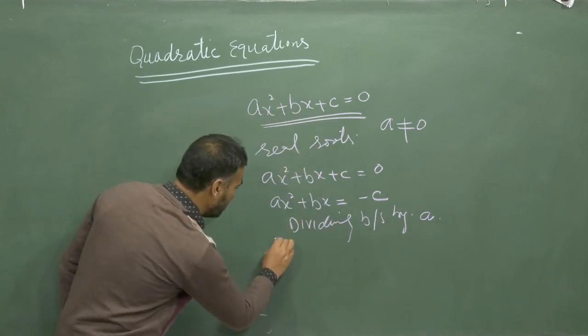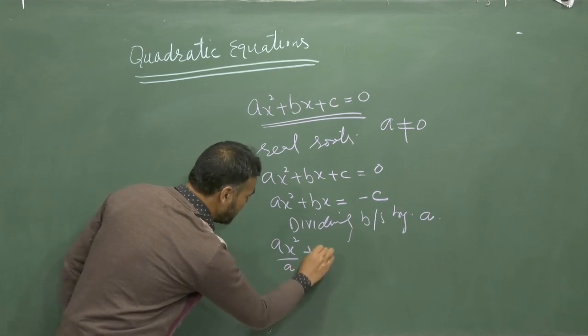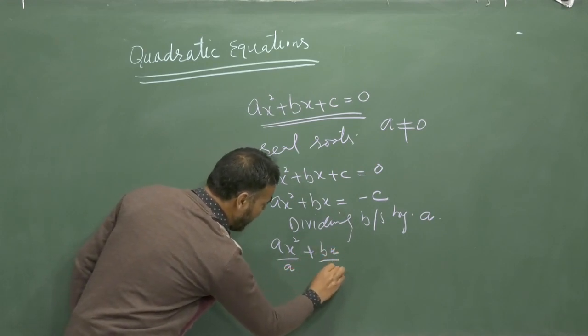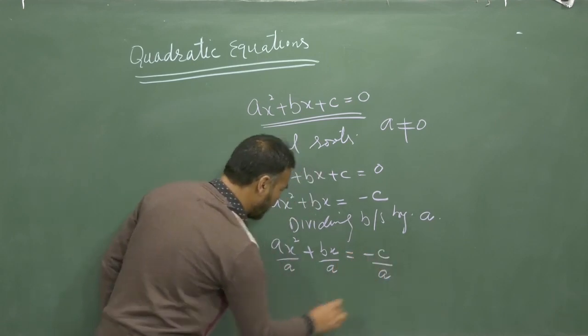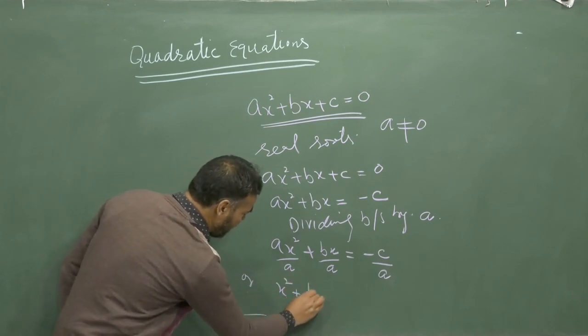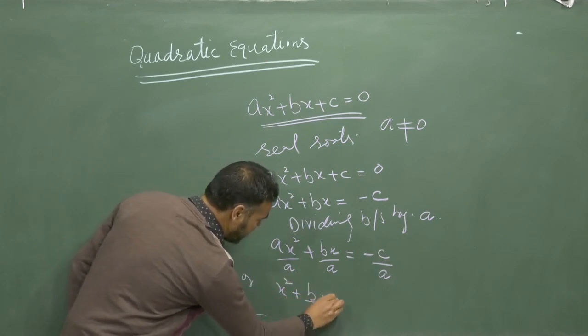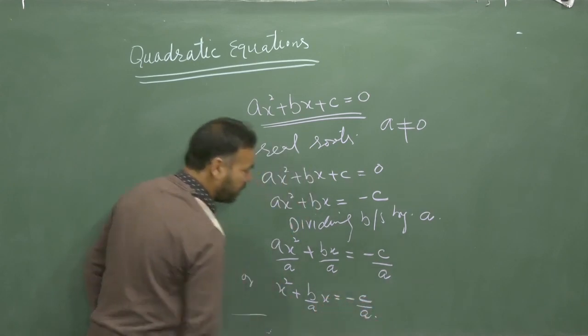What we get is ax²/a + bx/a = -c/a. Or we can say it is now x² + (b/a)x = -c/a.